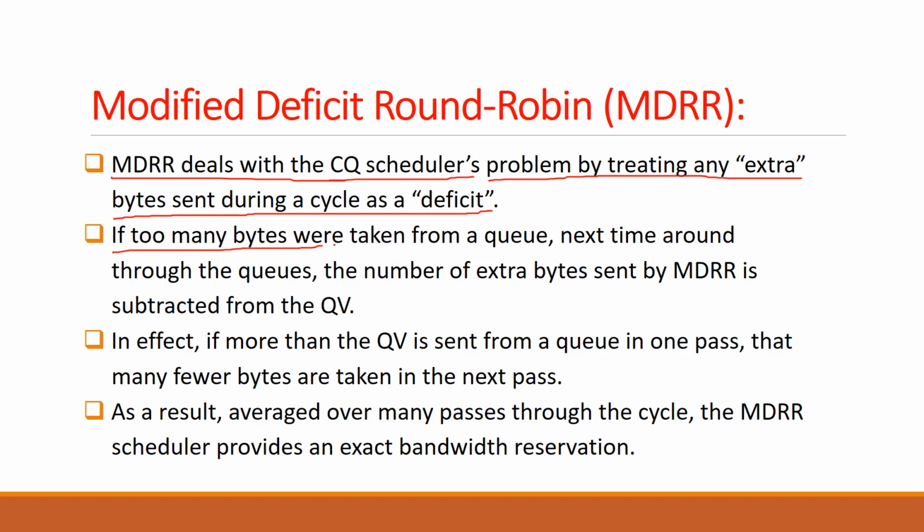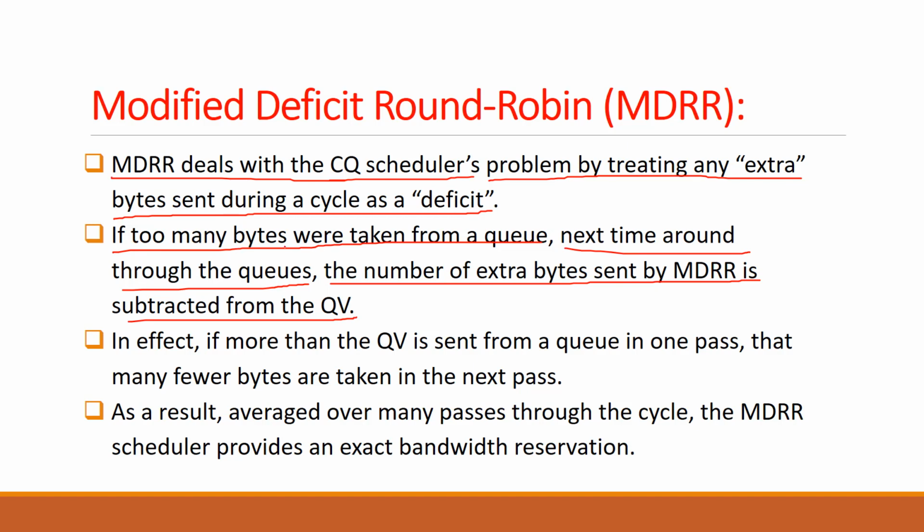So if too many bytes were taken from a queue, next time around through the queues, the number of extra bytes sent by MDRR is subtracted from the QV. This will be clear in the coming example.